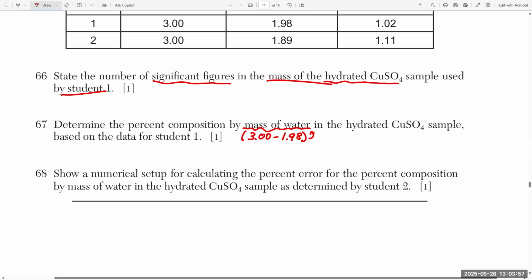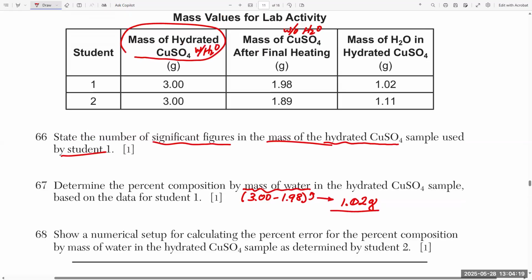So let's go. That's going to be what? Water is going to be 3 minus 1.98. And if you put that into the calculator, you should get 1.02 grams, right? Is what you get. That's the part over the whole thing. What is the whole thing? Whole thing is the thing with water, right?